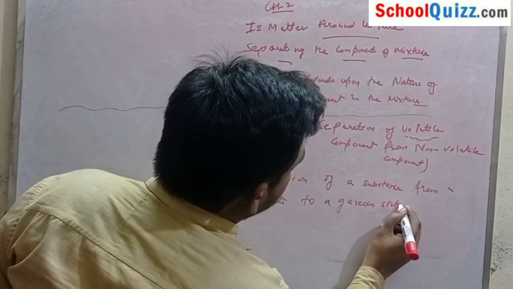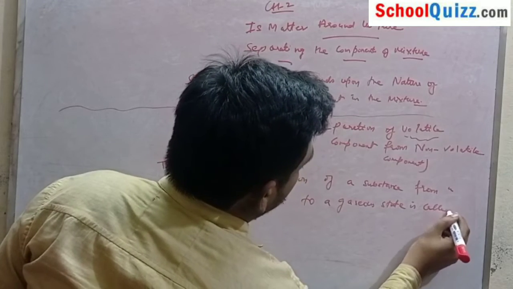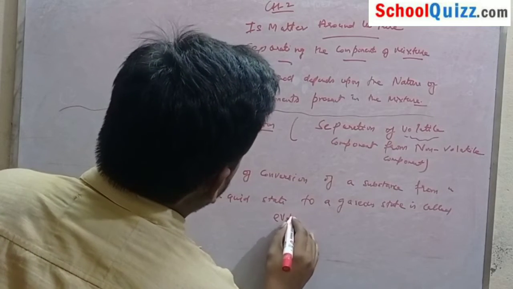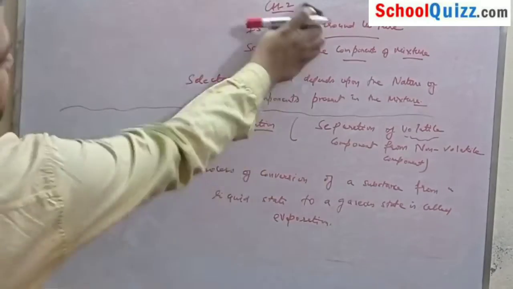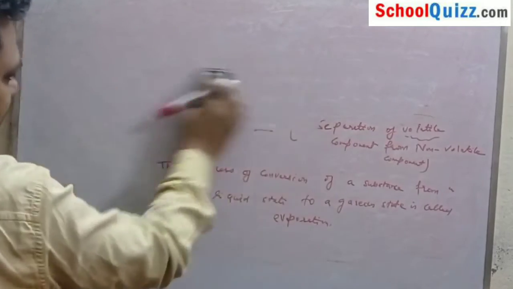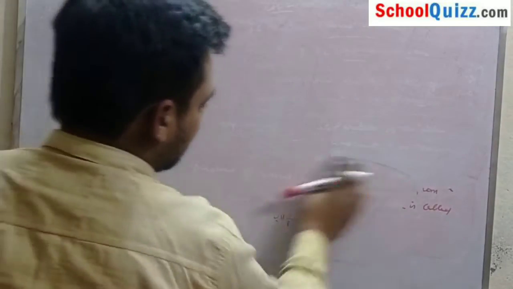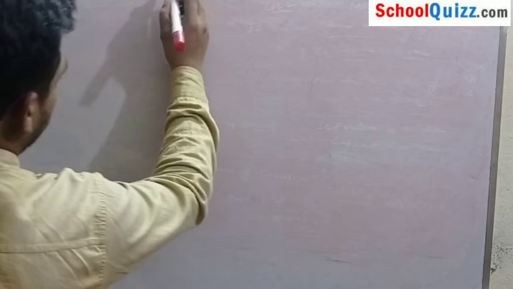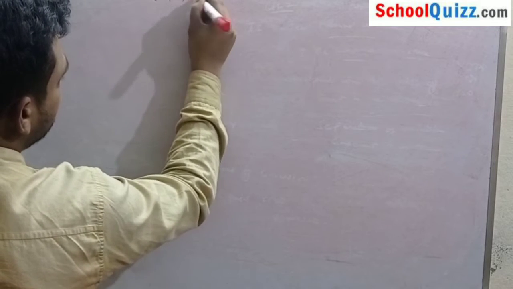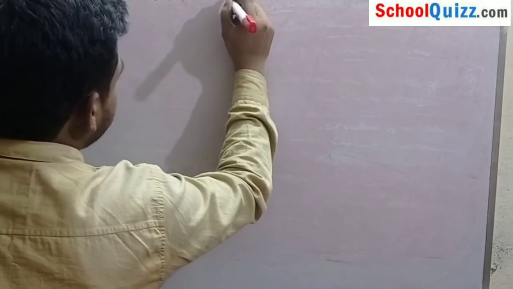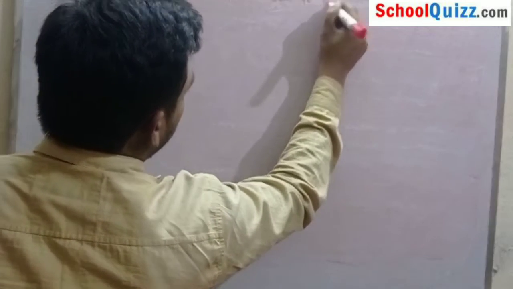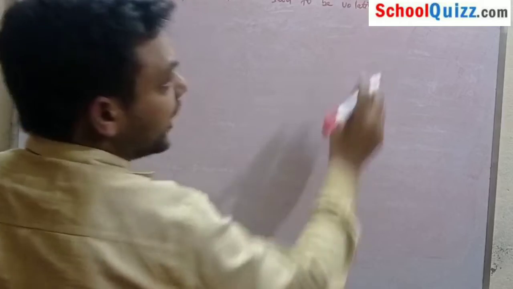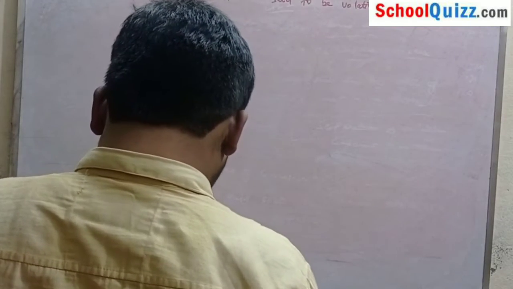This is called evaporation. And a substance is said to be volatile.